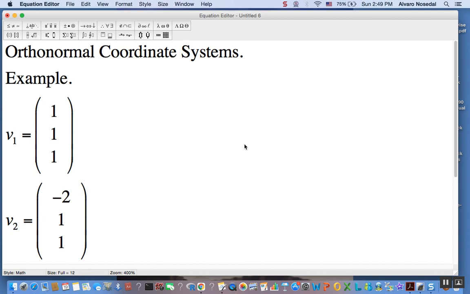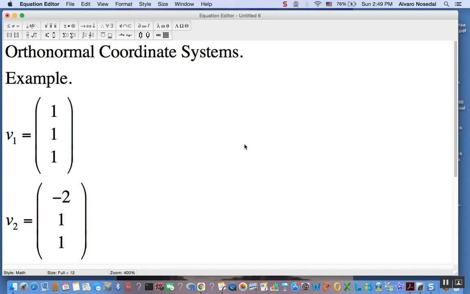So I'm going to present you a set of 3 vectors that live in R3. I claim that these 3 vectors are orthogonal. And let me remind you that by orthogonal, what we mean is that the inner product between them equals 0.